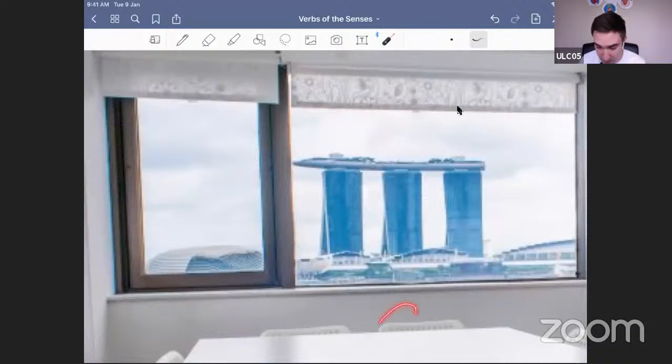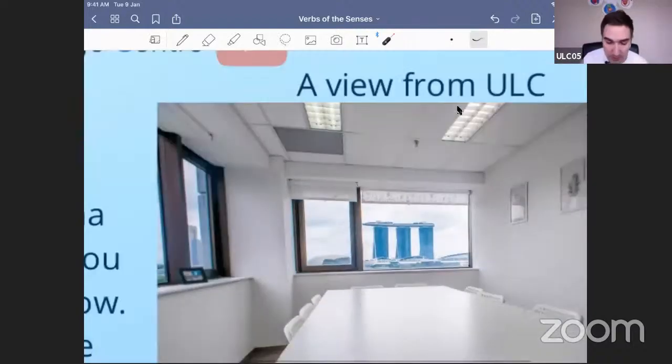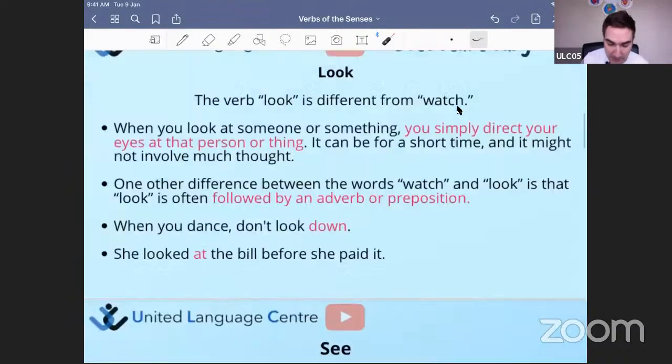We can also see some chairs. We can see the desk. We can see the shops. We can see the Louis Vuitton store, right? So I'm not looking at the Louis Vuitton store, but I can see it. So look is more active and see is more passive.